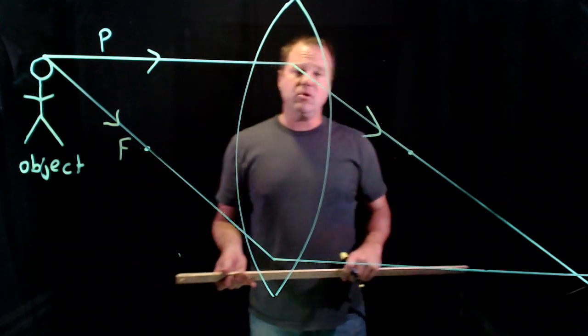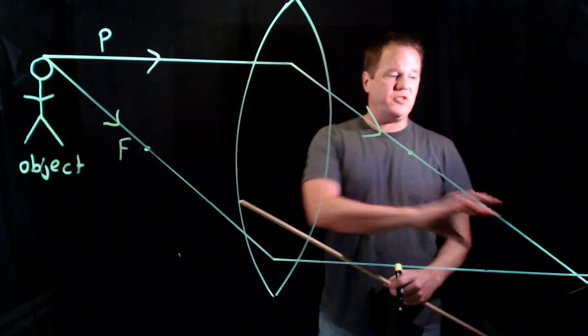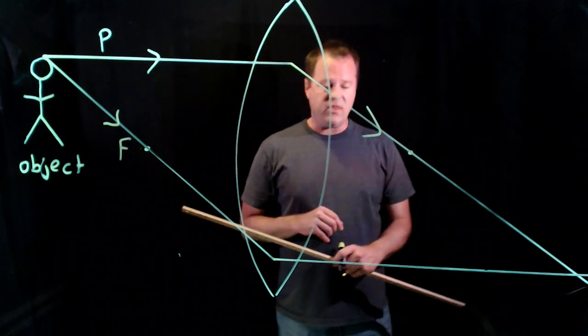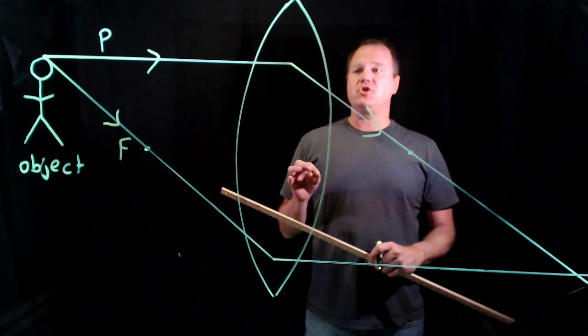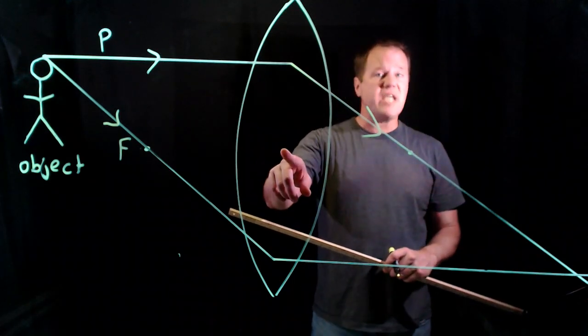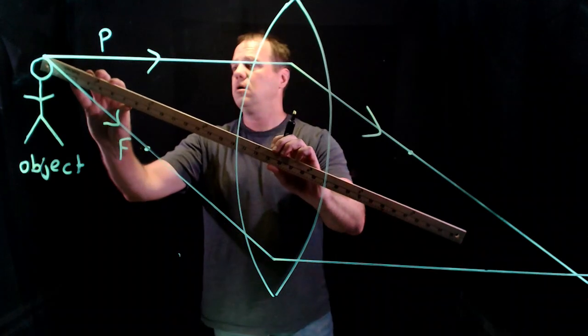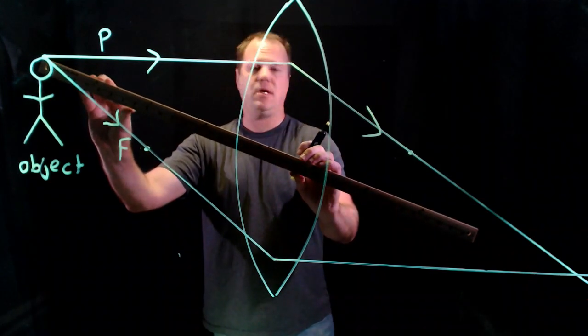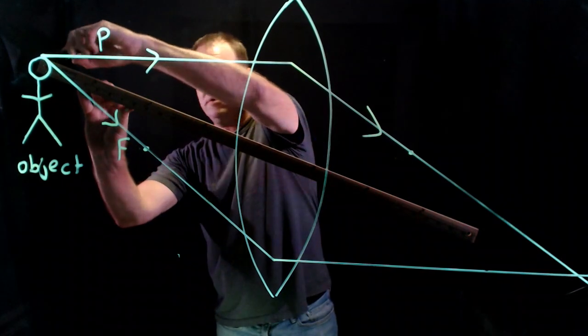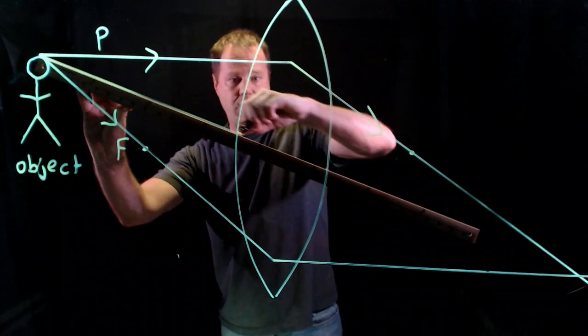And then just to double check your work, two rays is enough to triangulate the image, but you can draw one through the center of the lens. I need a longer meter stick. It's a yardstick, but whatever.